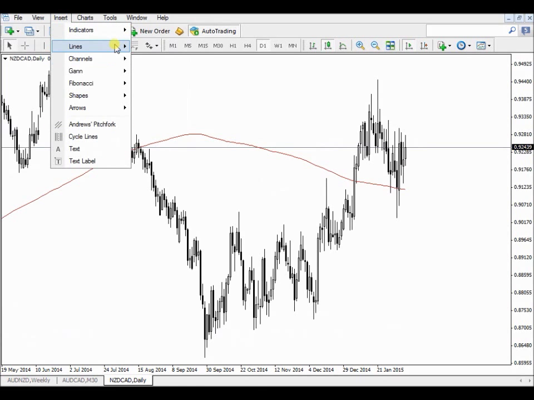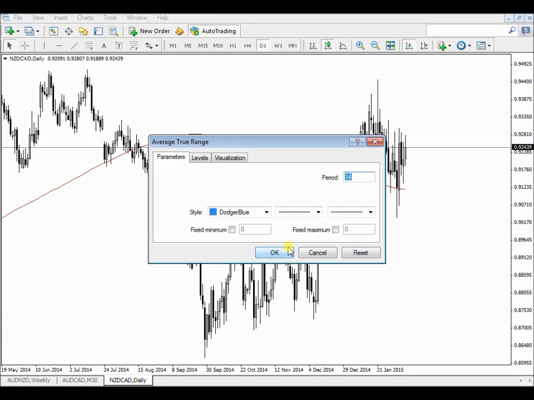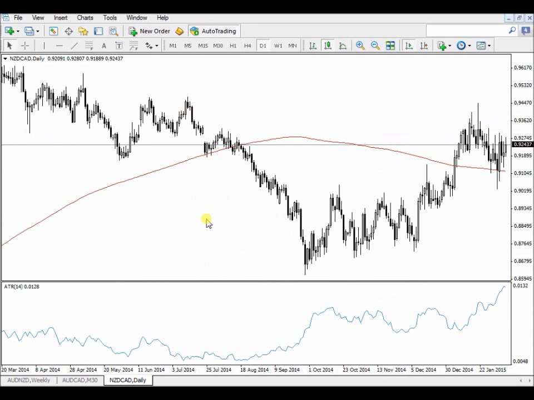Put that one in again. Average true range is for guys that trade on the daily. You always take your average true range reading there. You can see it's 128 at the moment. There it is at the left. Average true range, that is your daily.